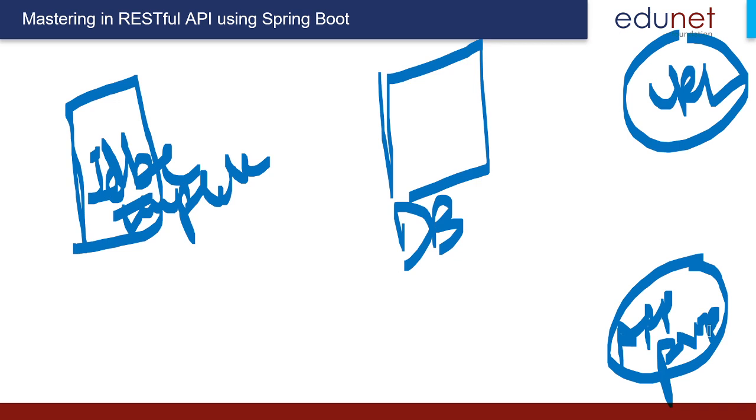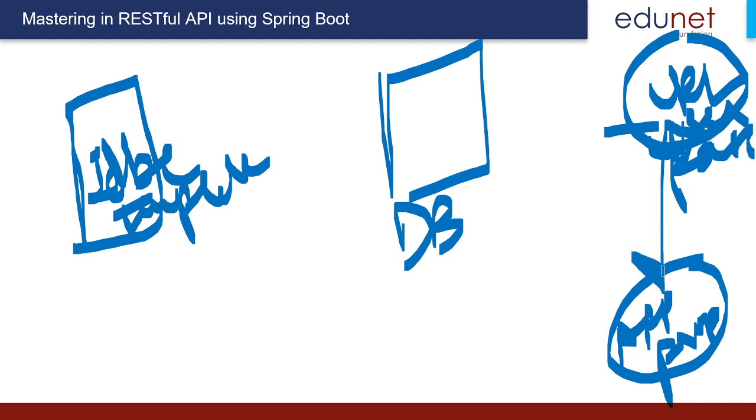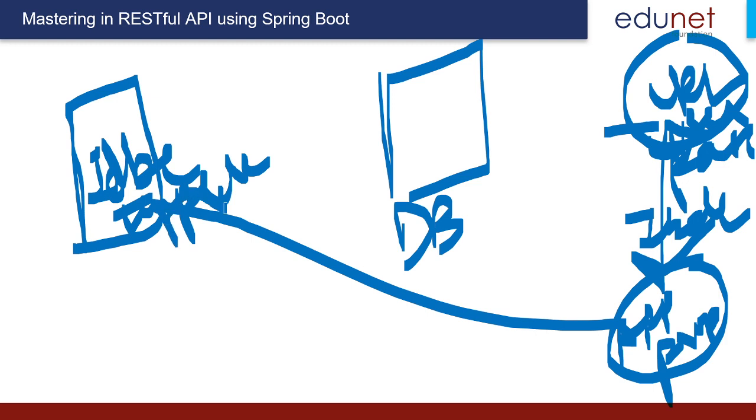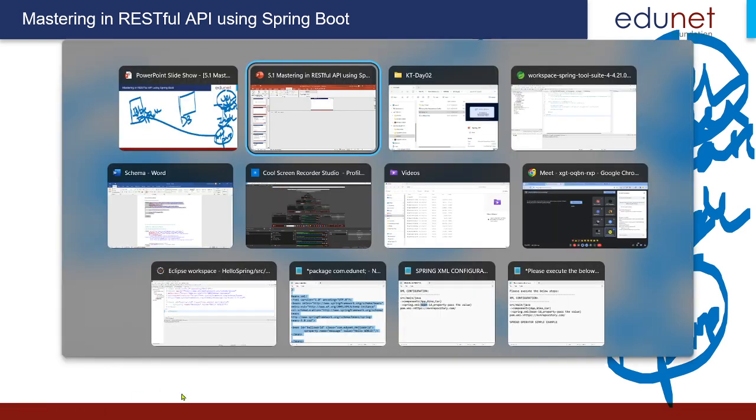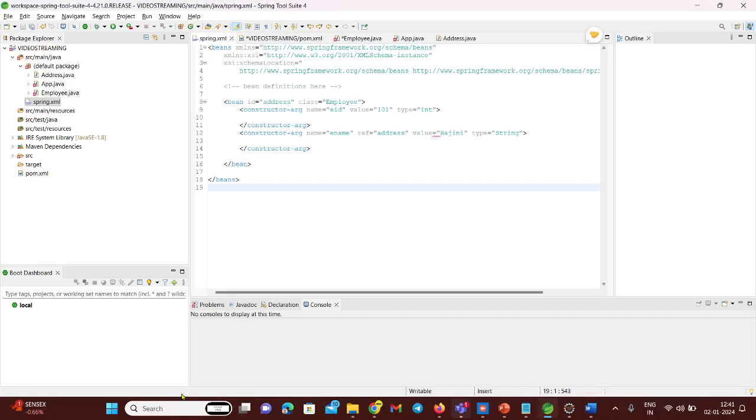Clear? So how is the interaction going to be: in the URL, if a person gives a username and password, that will be communicated with this property, that is, the JDBC template. In the JDBC template it will be interacted with, and here it comes. Okay, the process is going to be like this. So let's see how the working is going to be.